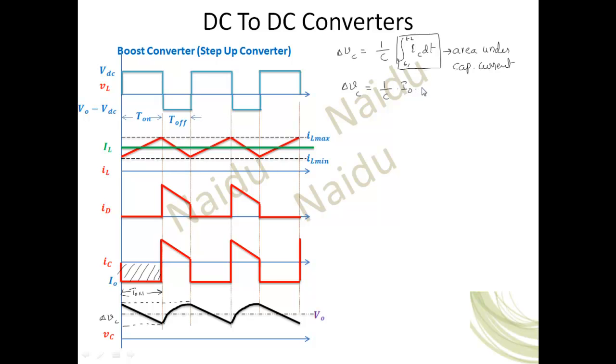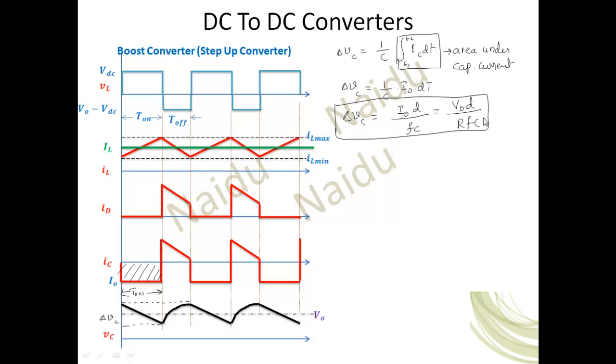T on is nothing but D into T. So delta VC is nothing but I naught into D divided by FC, because T is 1 by F. This also we can take as V naught D divided by R FC, because I naught is nothing but V naught by R.